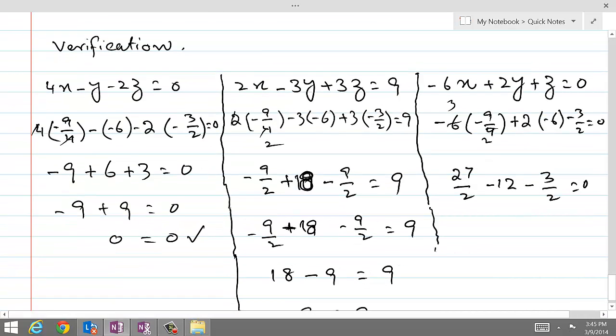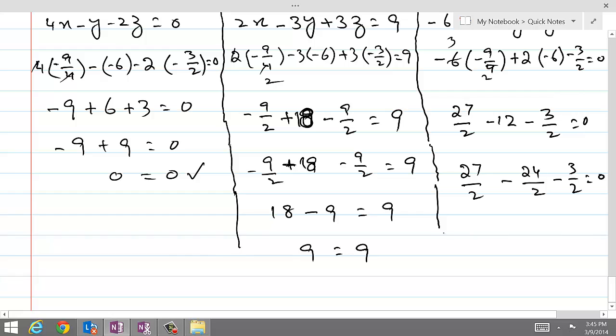And this is 27 over 2 minus 24 over 2 minus 3 over 2 equal to 0. So this will be cancelled, 0 equal to 0. This is verified.